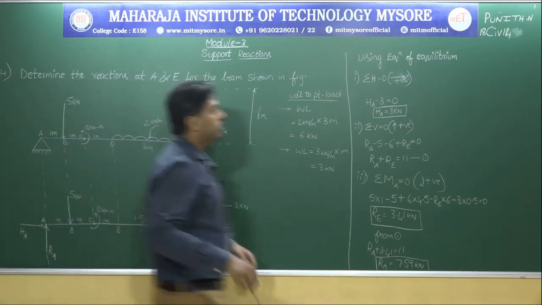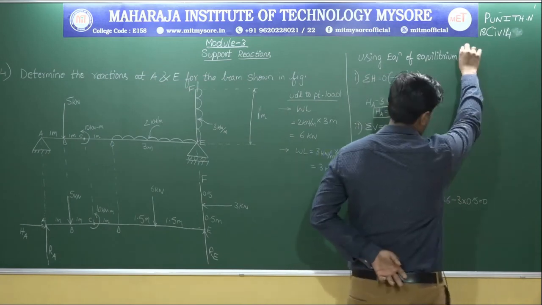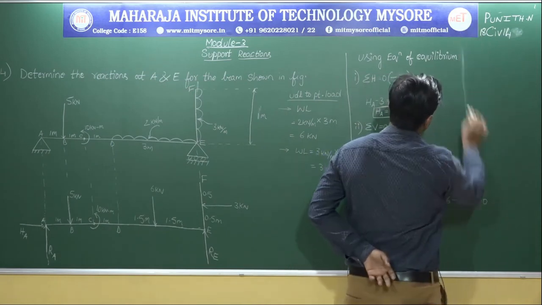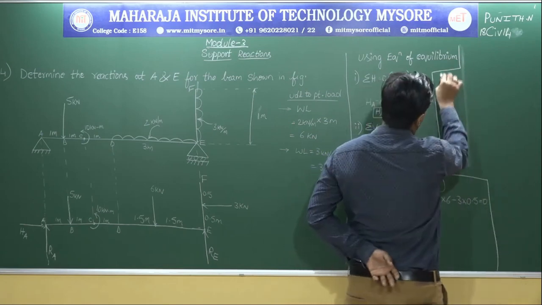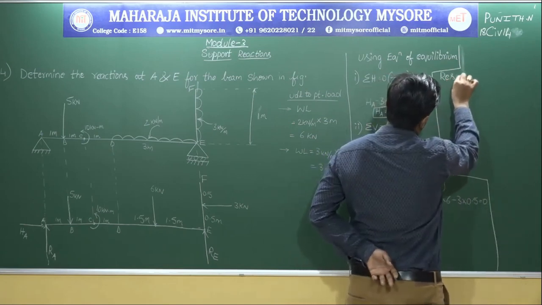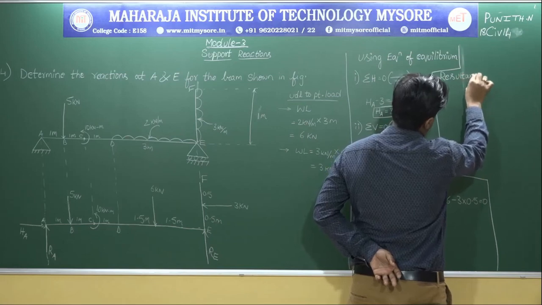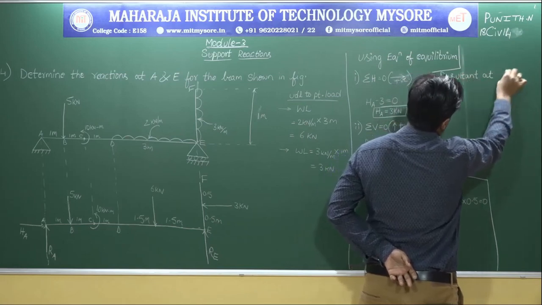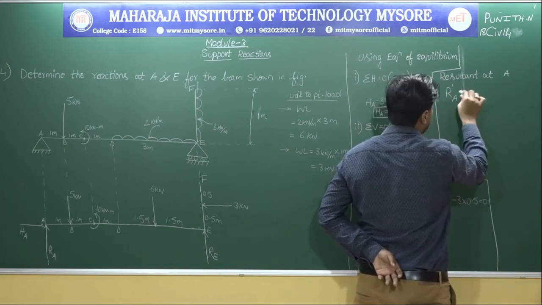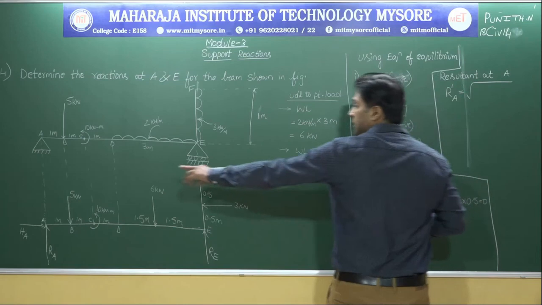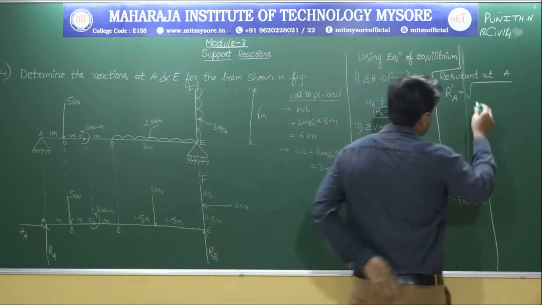So, next what I will be doing here is, let me use this particular space only, because let me not rub the entire problem. Resultant at A, I will be writing it over here. If I want R, I will be calling it RA dash, which is given by the horizontal force square plus vertical force square.